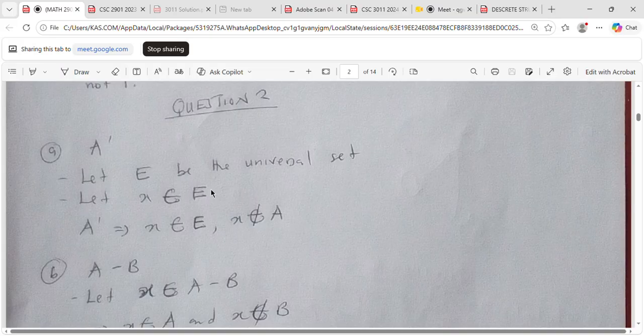The other way, let me share this in the group. You just start, well, let E be the universal set.